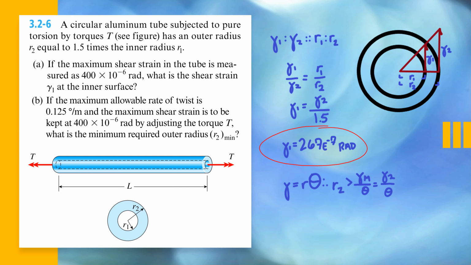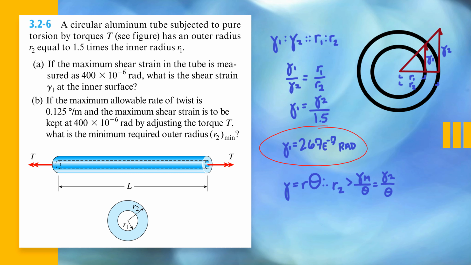So radius and shear strain are related by theta, which is our allowable rate of twist, and our maximum strain is going to be the strain at our outer radius, so we're not changing anything there. I can say my gamma sub m is the same thing as gamma sub 2. Then my radius has to be at least large enough to match that ratio.